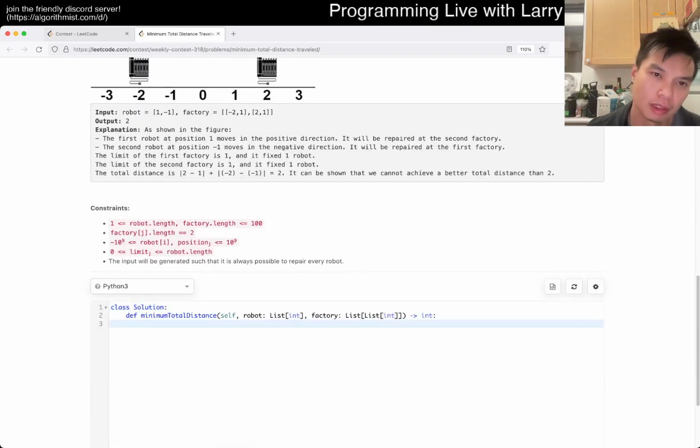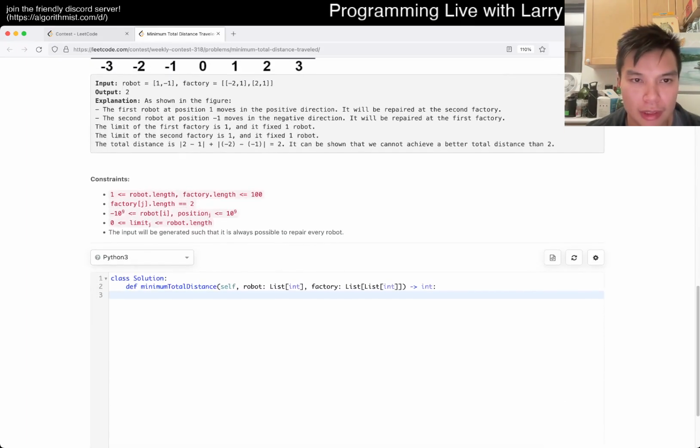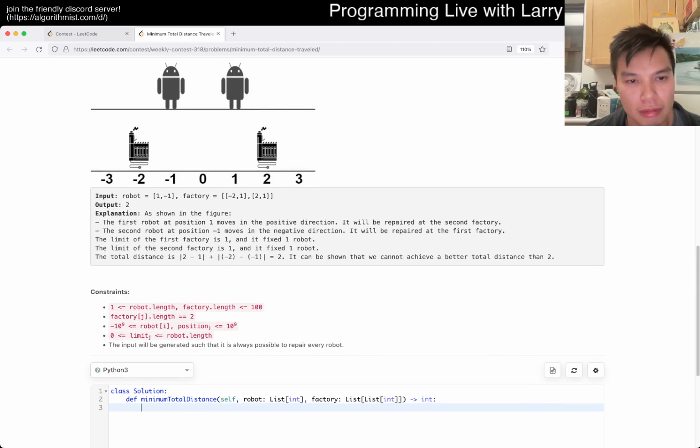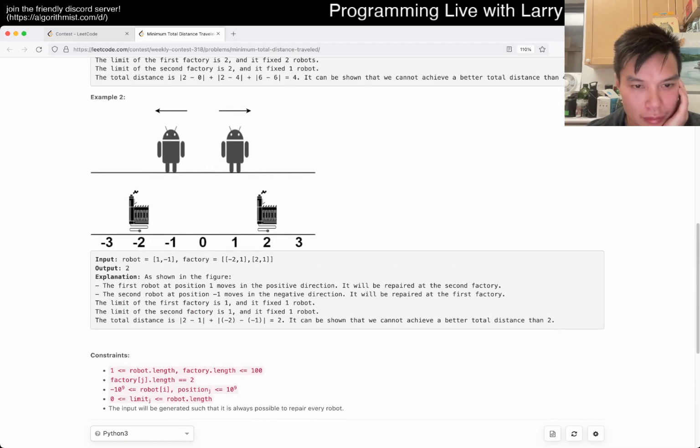Maybe there's a DP solution though. But the limit thing makes it not really DP. Is that true? I'm just looking over my max flow library. Man, it's been a while since I knew what this code does.